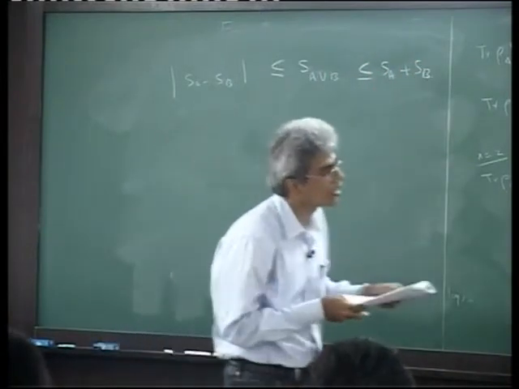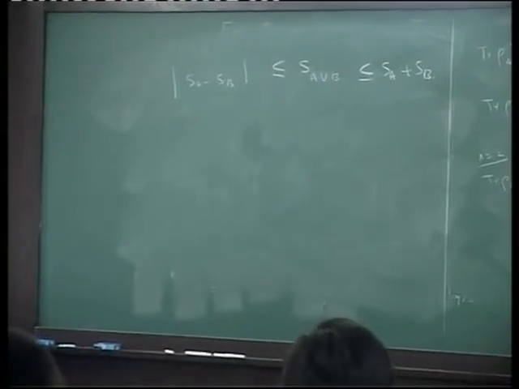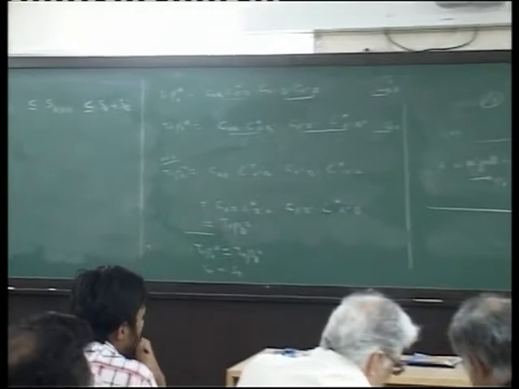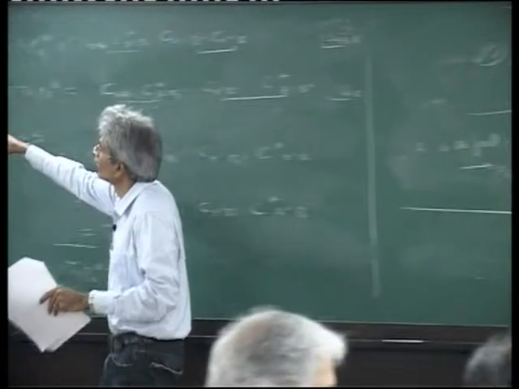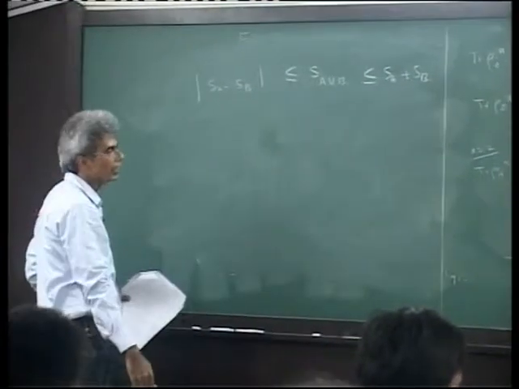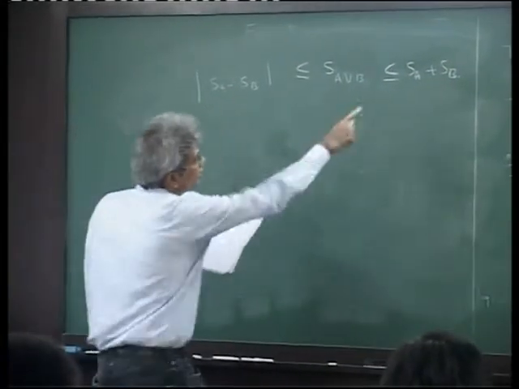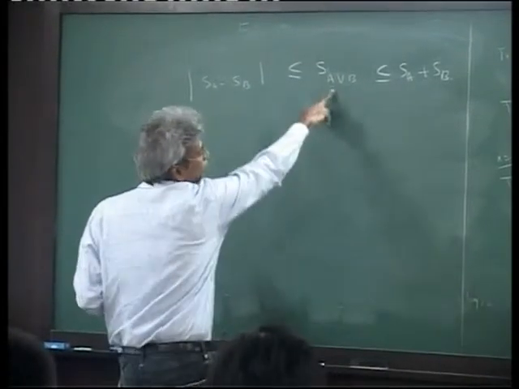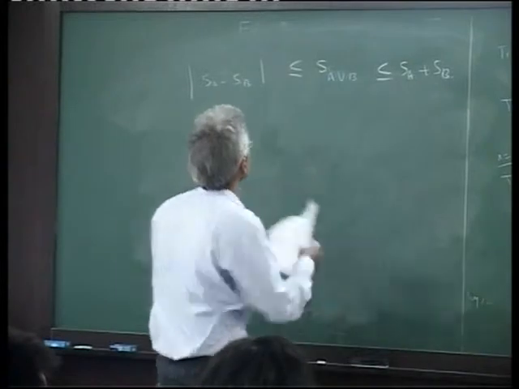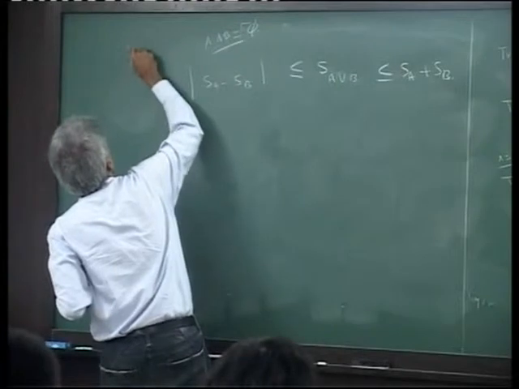If they are disjoint, the intersection is null and the entanglement entropy is 0 for the pure state. This is like a triangle inequality: |SA minus SB| is less than or equal to S of A union B, which is less than or equal to SA plus SB. Getting this part is simple for disjoint intervals, where A intersection B is null.